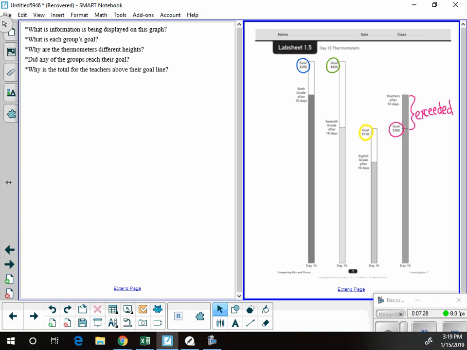And so if we look also at, right, these two match up, this line would be a whole for the 8th graders, but it would only be a fraction for the 7th graders. So you're going to have to think really hard about your fractions as you are going through this today. And my last question for you guys was, why did the teachers go above their line, but you guys already answered that.